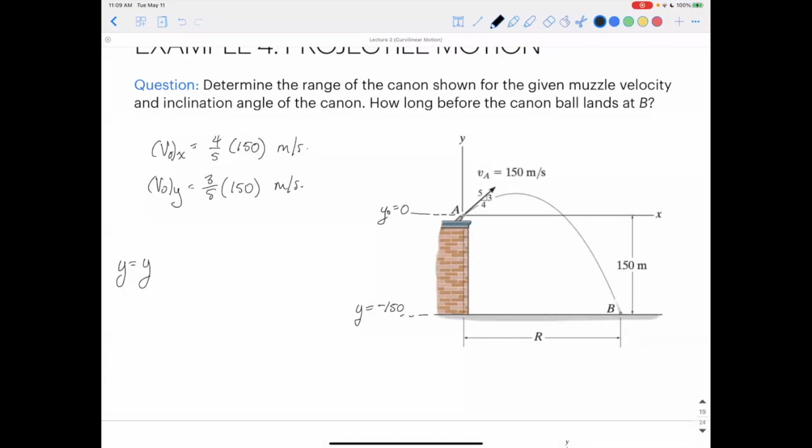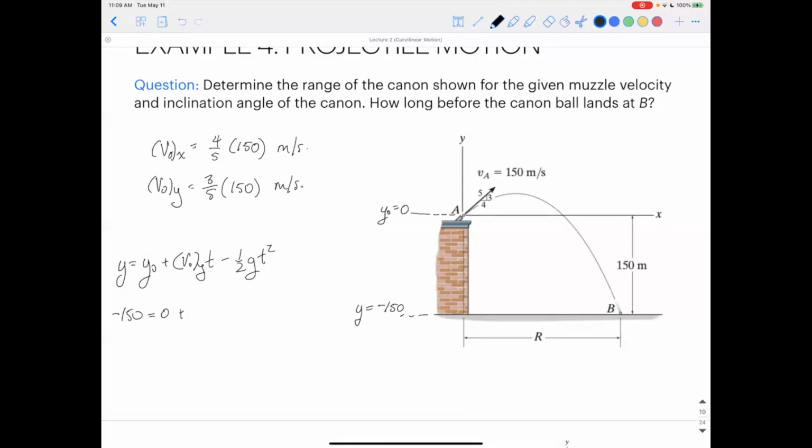So let's write our equation. y is equal to y0 plus v0y times t minus 1/2 g t squared. Minus 150 is equal to 0 plus our y component, which is 3/5 times 150.